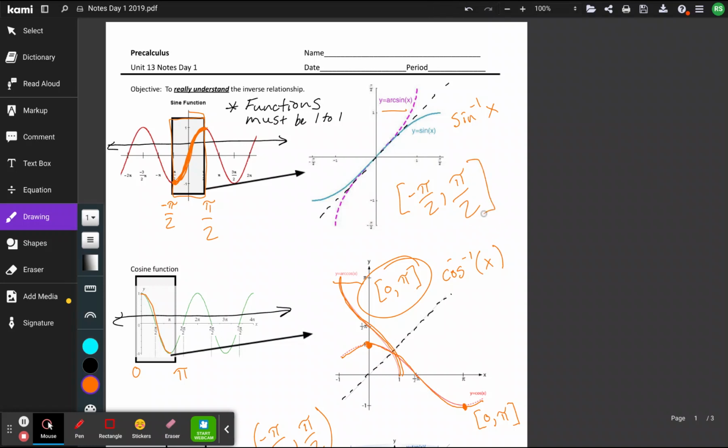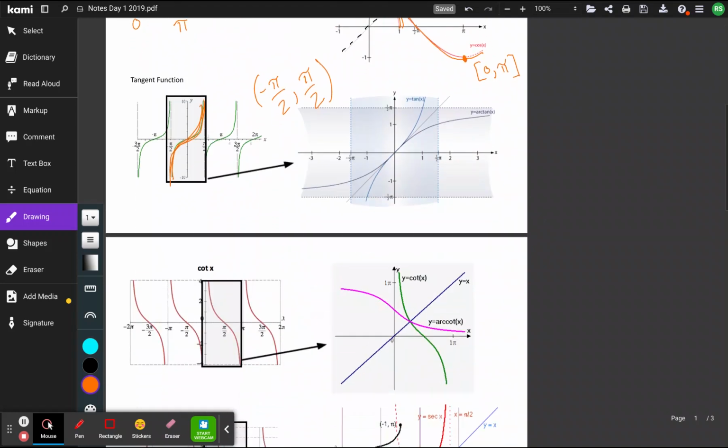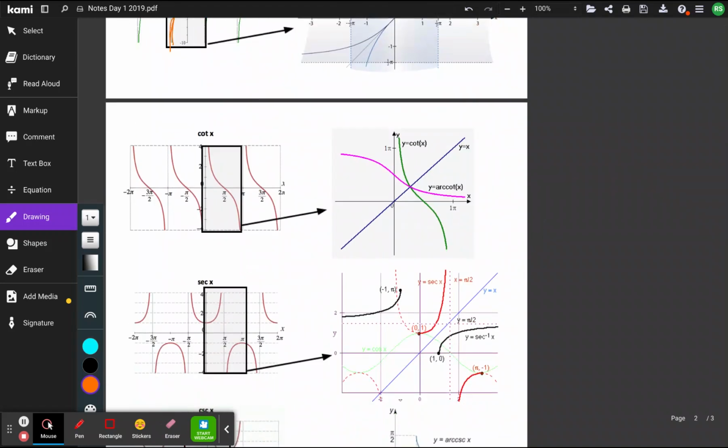Yes, there are different intervals that we can use to create a one-to-one function. I'm giving you the intervals that you are going to use for evaluating our inverse functions. Cotangent inverse, we are going to restrict from 0 to pi, so just think between our asymptotes. So cotangent inverse of x, we're going to be restricting to 0 to pi with parentheses.